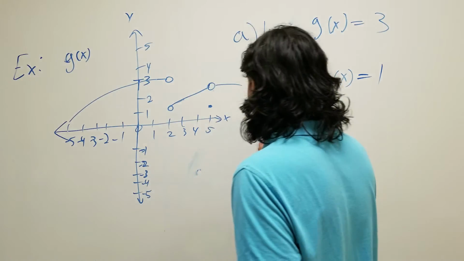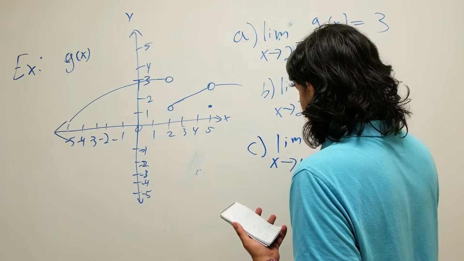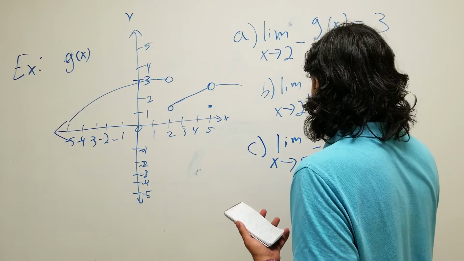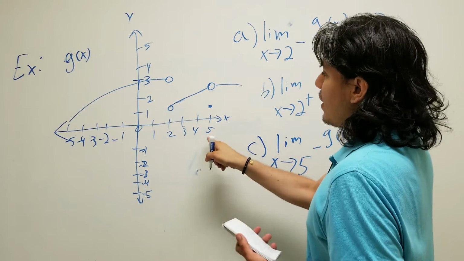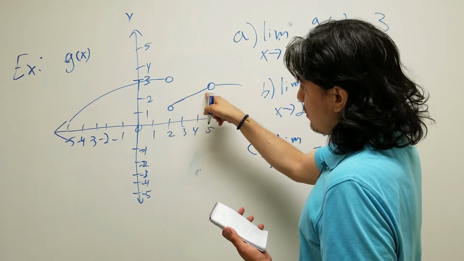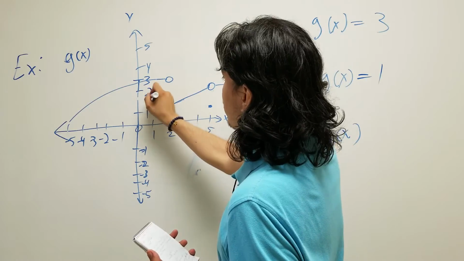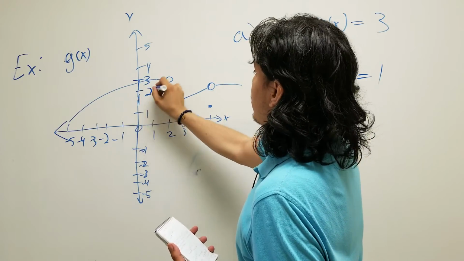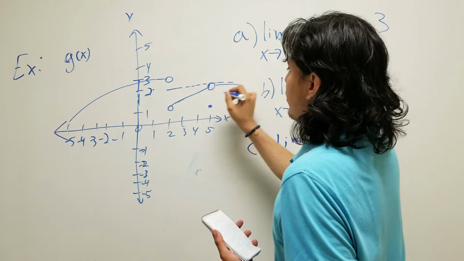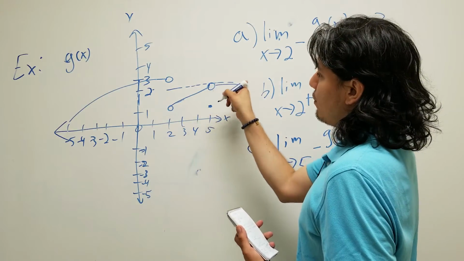So what if I told you to find the limit as x approaches 5 from the left of g of x? So we have 5 here, so let's look at from here. I kind of made this a little bit wrong. I actually wanted to approach 2. So yeah, it's about there from 2. It's about approaching 2, and it's kind of like skidding off, if you notice that.